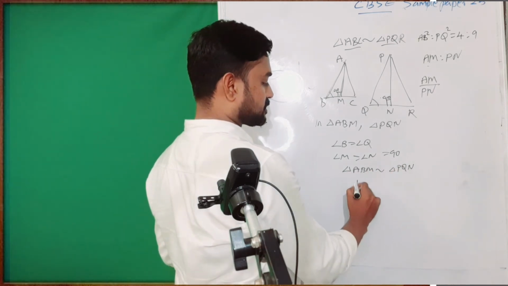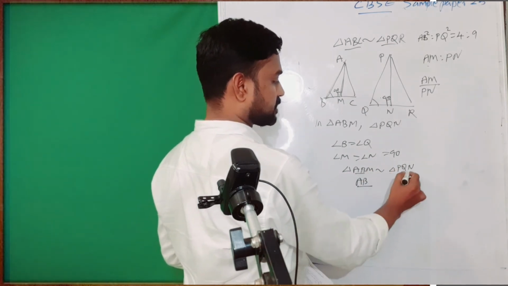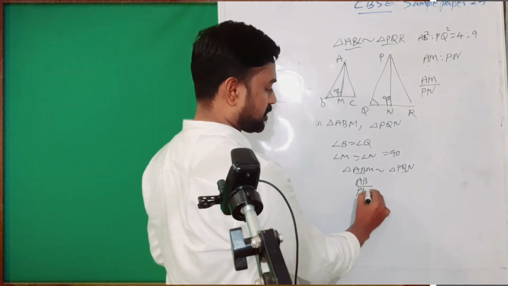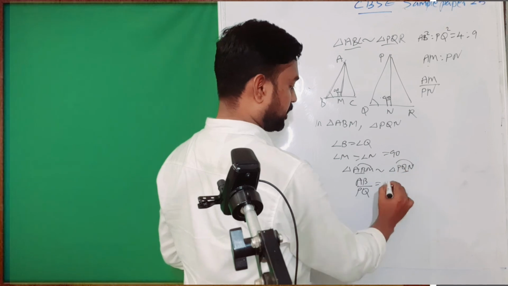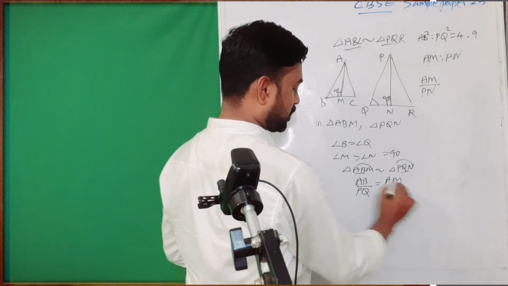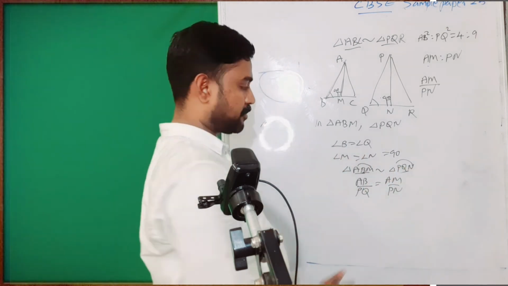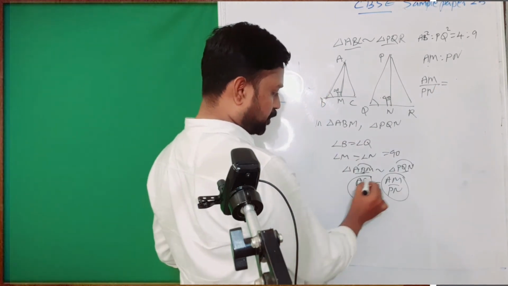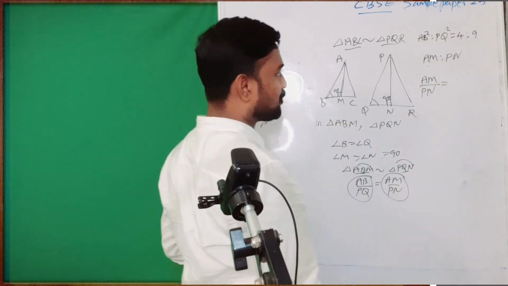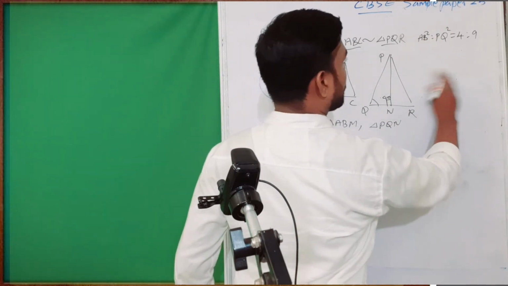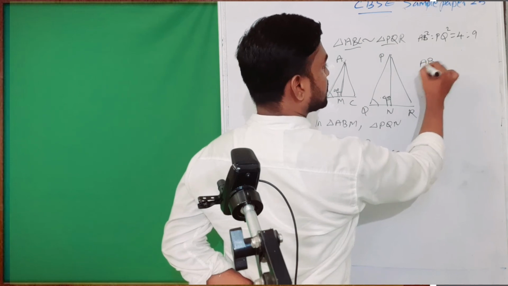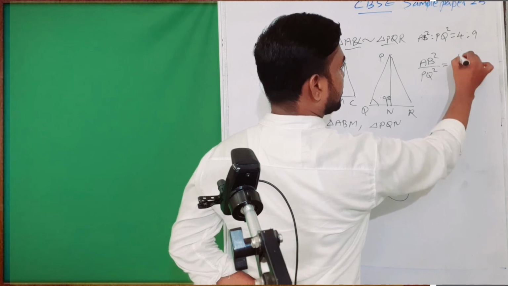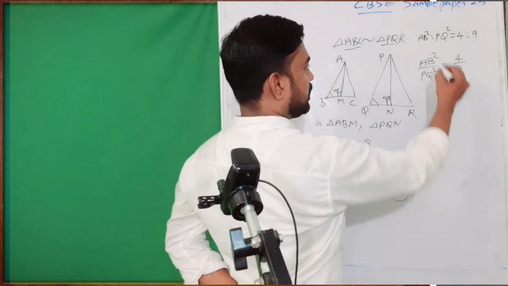If these two triangles are similar, their corresponding sides are in the same ratio, in proportion. AB by PQ is equal to AM by PN. One more ratio is there, BM by QN, which is not required because we require AM by PN. AB by PQ is given here. Actually, AB square is to PQ square is given. In rational form, AB square by PQ square is equal to 4 by 9. Here square, here square.